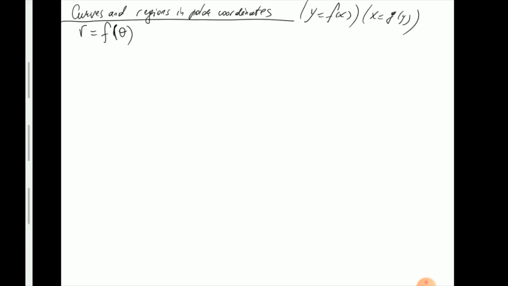Here, typically, you specify r as a function of theta. So that's basically the general way of representing a curve.